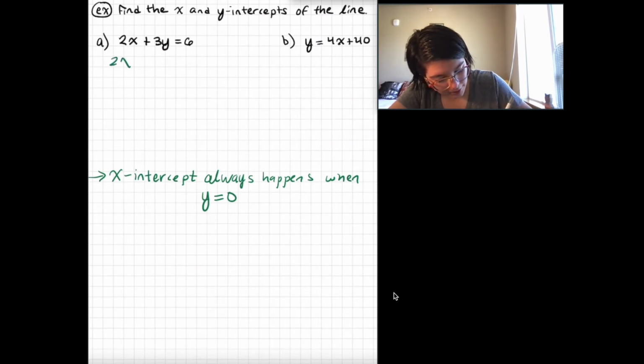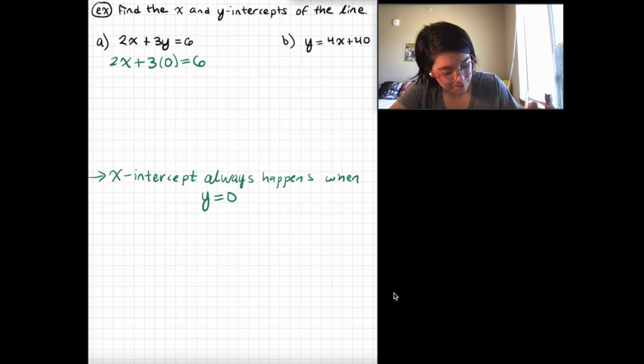2, we're trying to figure out what the x-coordinate is, plus 3, we'll plug in 0 for y. It's equal to 6. So we have 2x. 3 times 0 is going to just be 0. And so we can just leave out the plus 0 bit now.